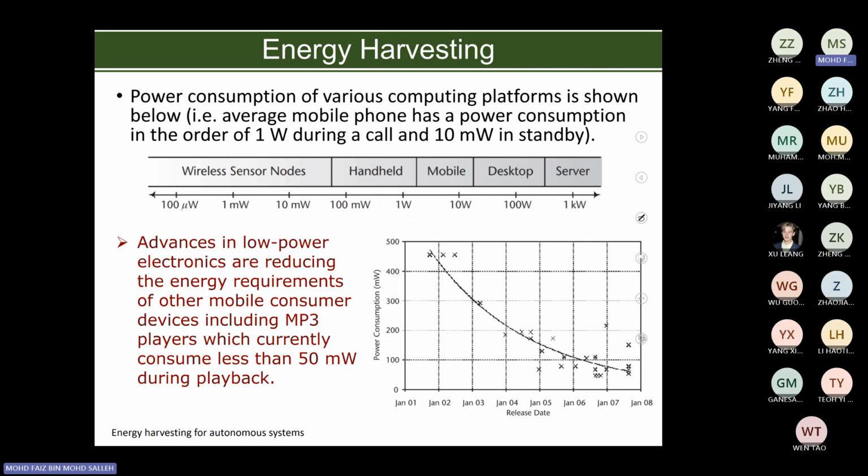For example, the sensor nodes need around milliwatt, as I just mentioned. So before this, we can see that vibration can produce around a few hundred microwatt, enough to power up the sensor. Thermal can produce around a few tens of microwatt, enough to power on the sensor.